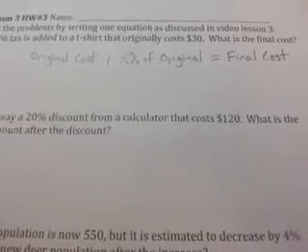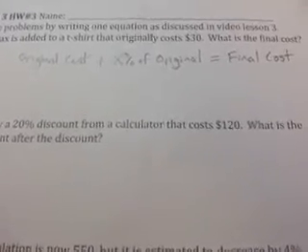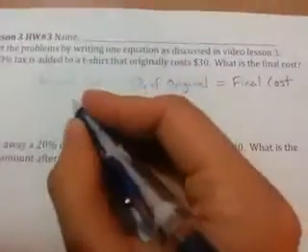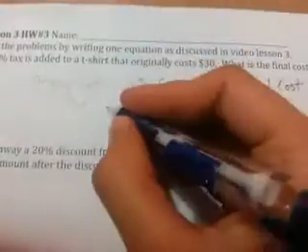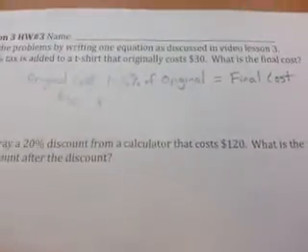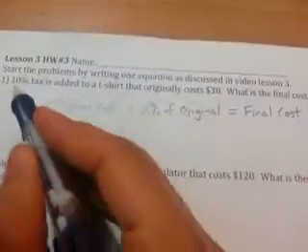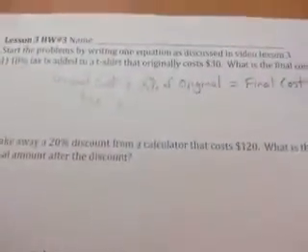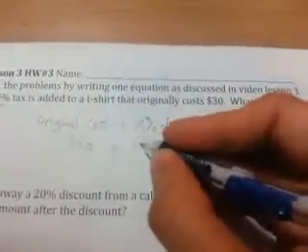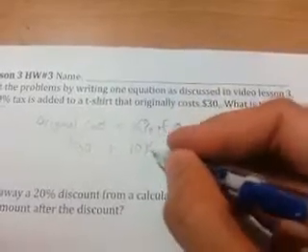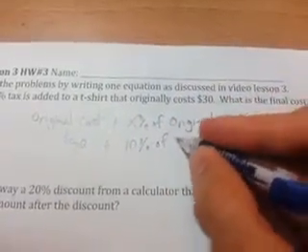In this problem, do I know the original cost? Yes, it's $30. Plus, do I know what percent I'm adding or decreasing? Yes, I'm adding 10% tax. So I'm going to add 10% of the original, which was $30.